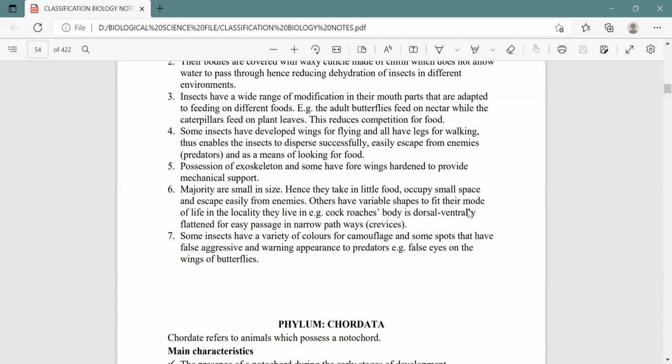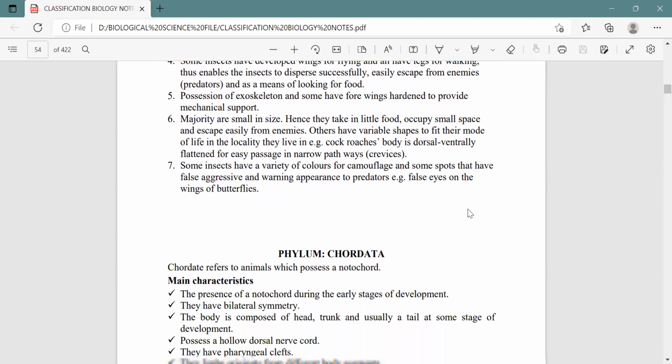They have various shapes where they can fit different modes of life, such as the cockroaches, whose dorso-ventrally flattened body shape enables them to easily pass in narrow pathways known as crevices.